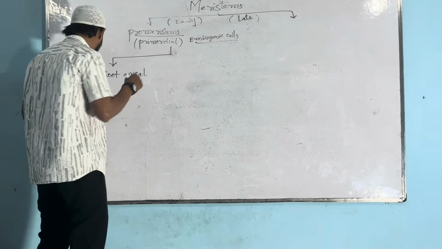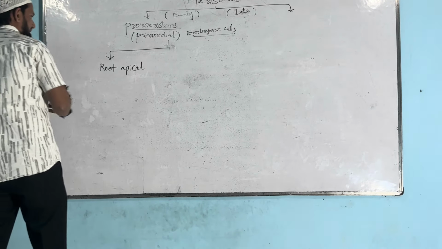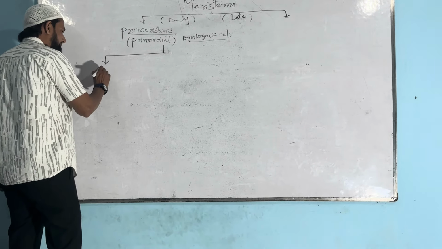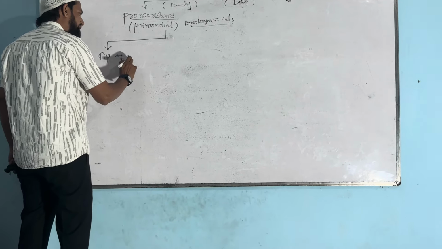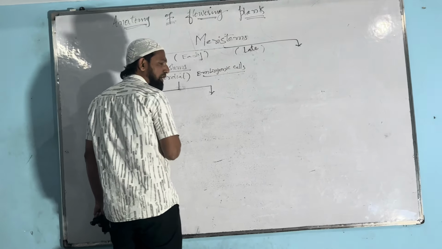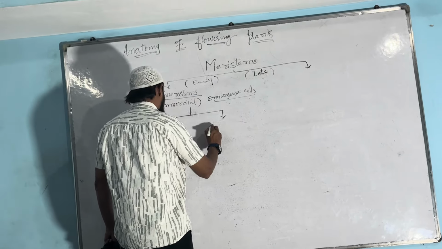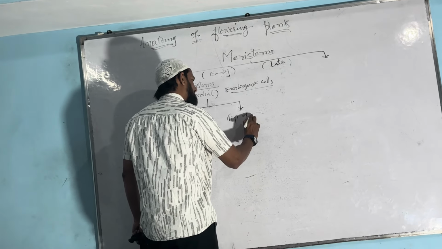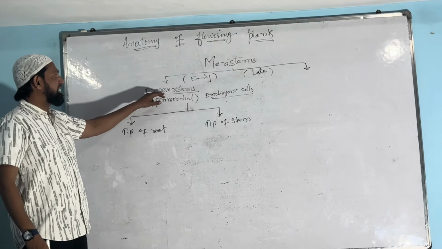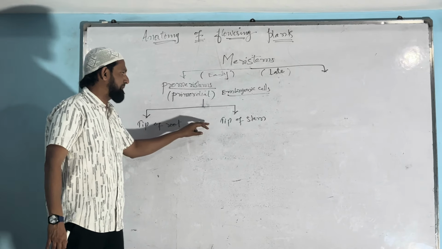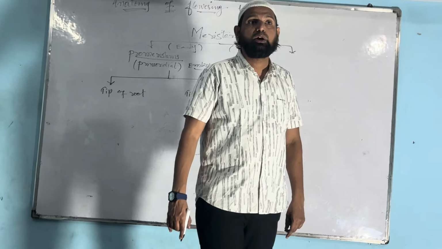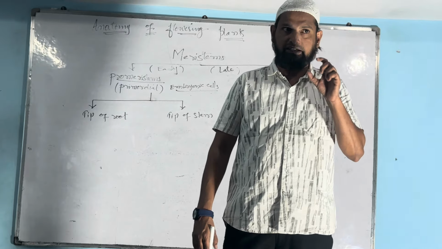Or we can use one more word, that apical word we will take later. So here the promeristem is present at the tip of the root, and it is also present at the tip of the stem. Now, based on location, concentrate.